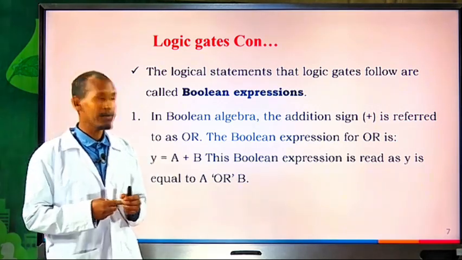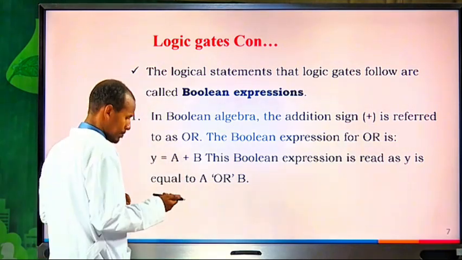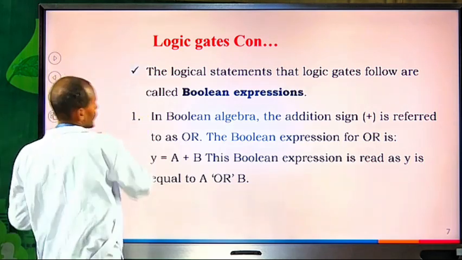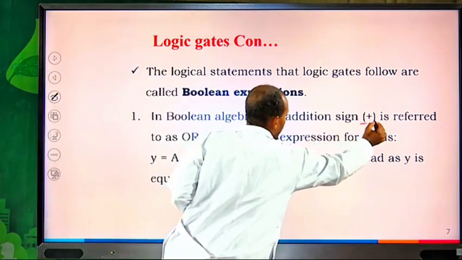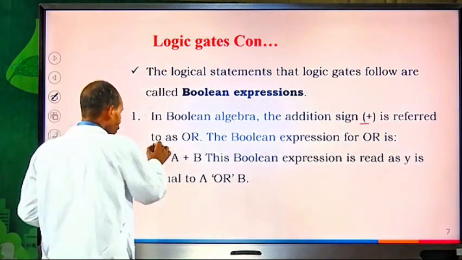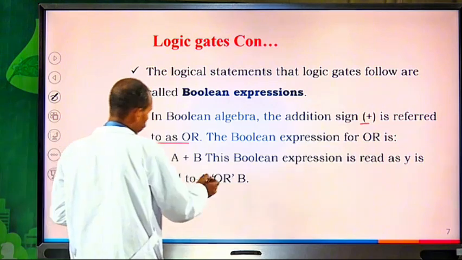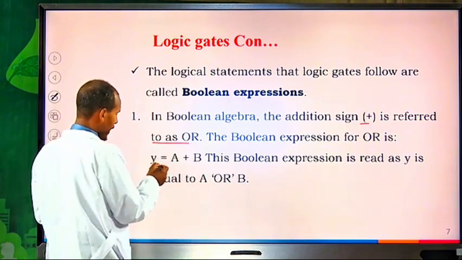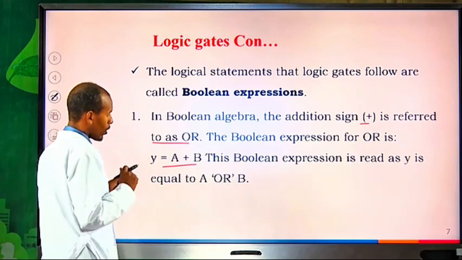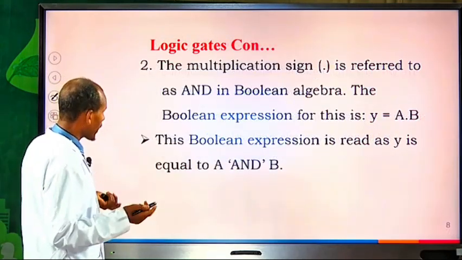So Boolean algebra has three forms. The first one is addition, and this is assigned to the OR gate. So the Boolean expression for the OR gate is Y equals A plus B. What about the AND gate?